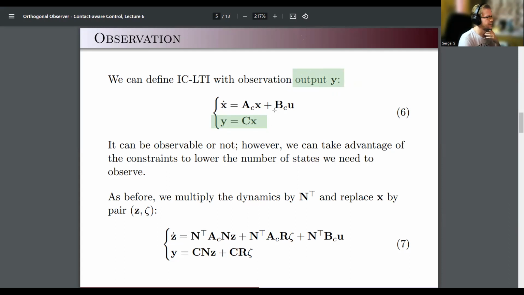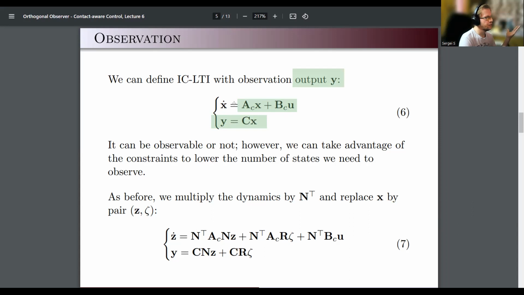Notice that here I chose implicit constraint formulation. So I use AC, BC. That doesn't matter. I could have chosen explicit formulation. So I could have chosen A, x, B, u, F, lambda, and G, x dot equal to 0 here, right? Could have done that.